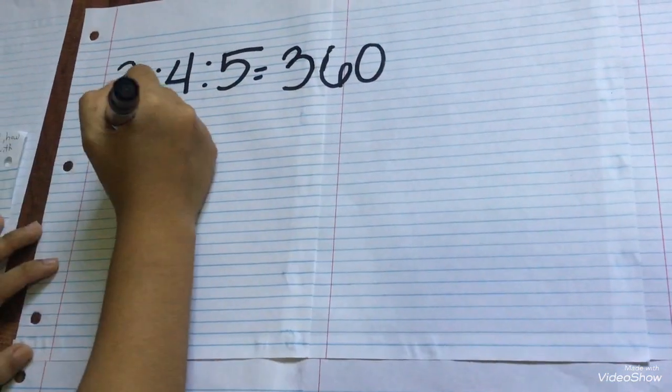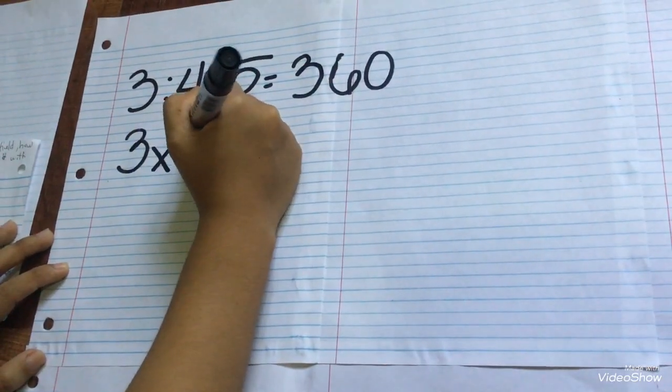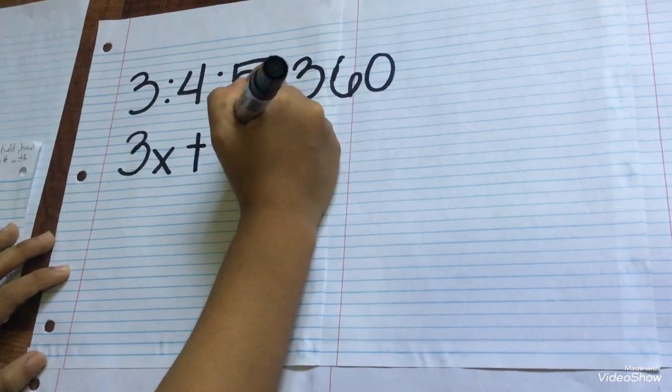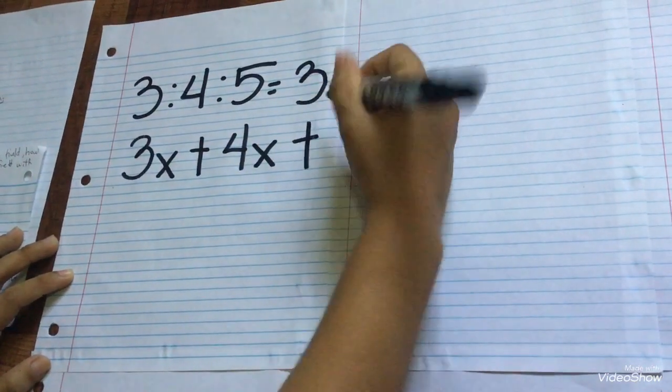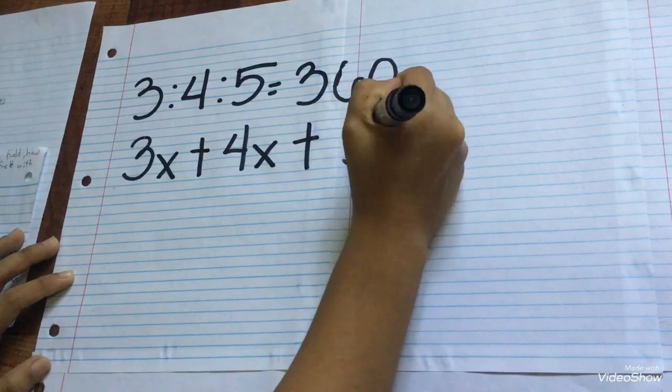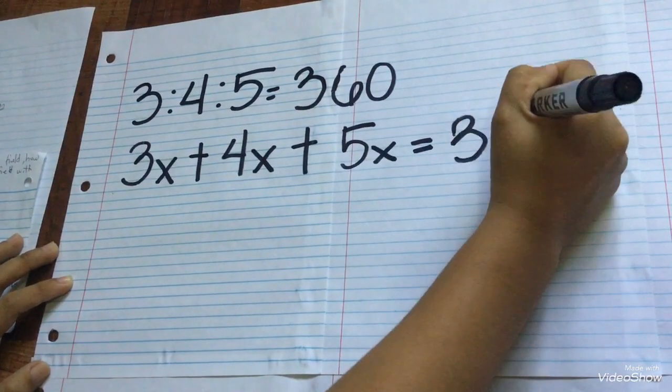We're going to put x in each number in the ratio. 3x plus 4x plus 5x is equal to 360.